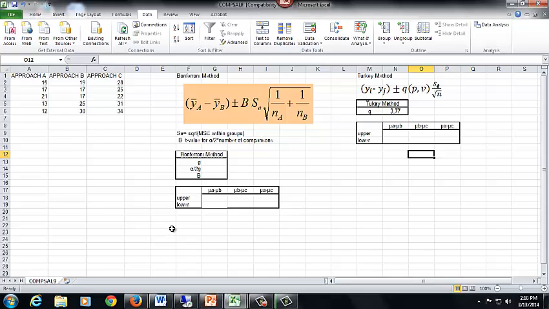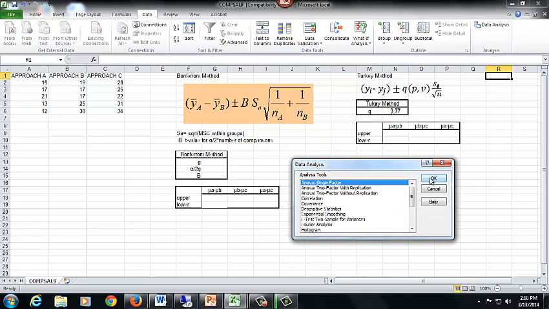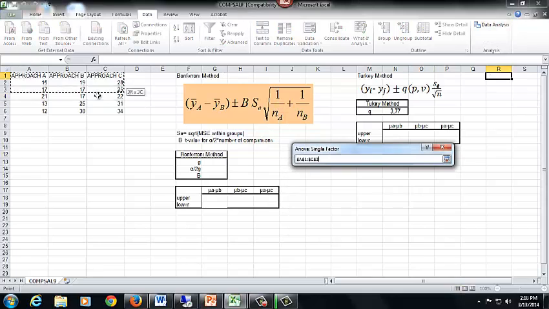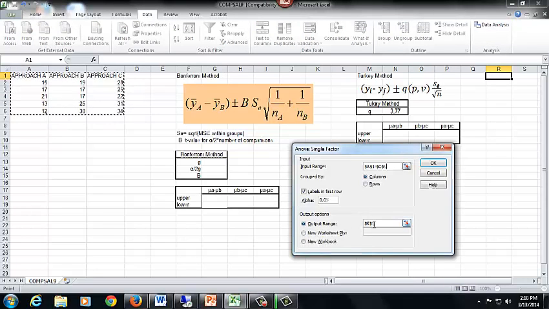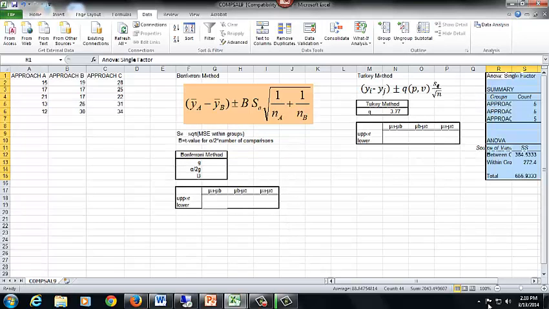I'm going to run the same basic single factor ANOVA to test whether there is a difference between the approaches, testing H0: there is no difference between the 3 approaches. Single factor ANOVA, here's my data, I have labels in my first row, and I want to put my output over here.